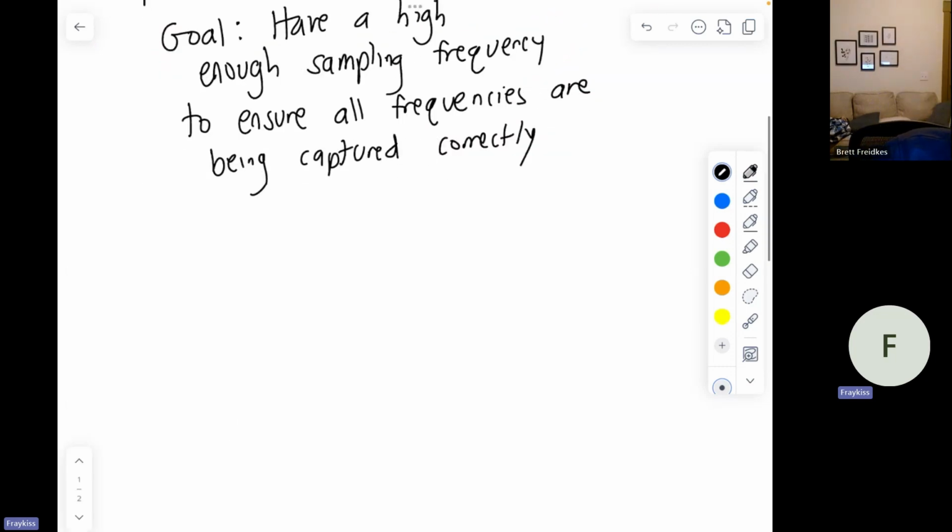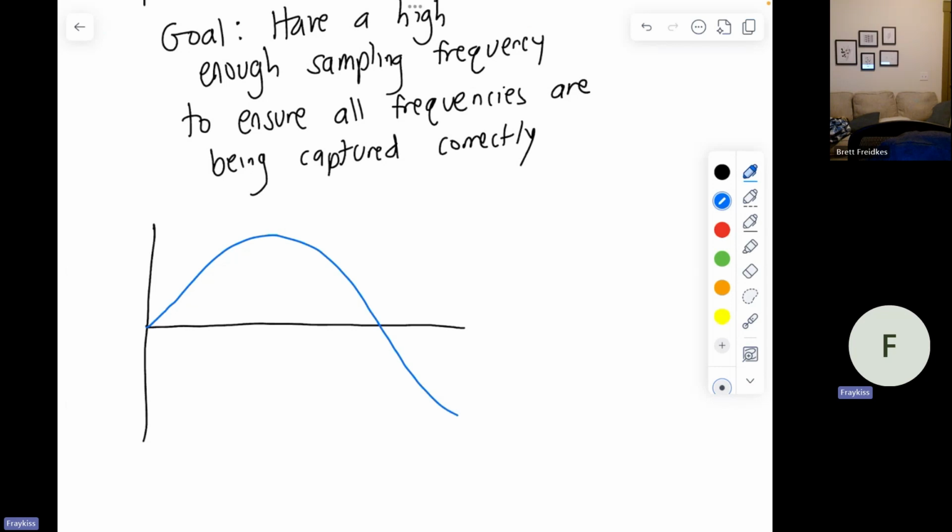Now imagine that I give you the same exact sine wave, and instead of sampling quickly, I sample more slowly. So instead of getting a lot of data points that produce the sine wave, I end up with maybe a data point here, a data point here, and maybe a data point here.